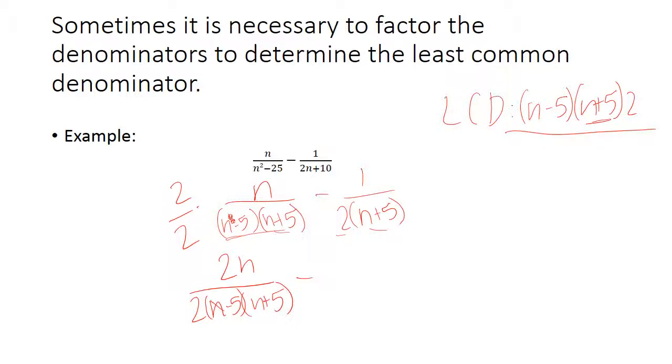Minus, notice that for the right-hand ratio, I am missing the n minus 5. So I'd have to multiply by n minus 5 over n minus 5. Okay, now when I multiply this one out, I get n minus 5 over 2 times n plus 5 times n minus 5.